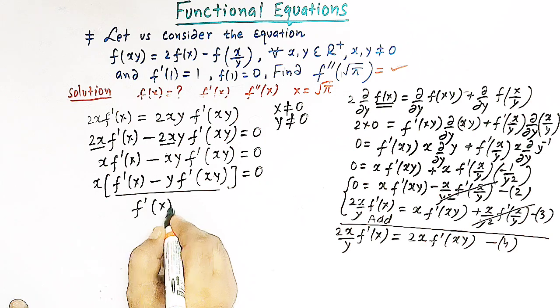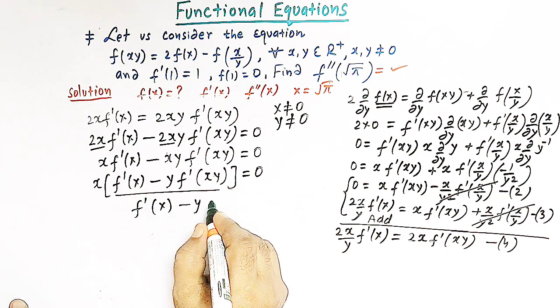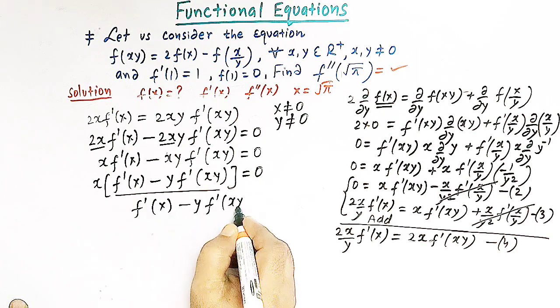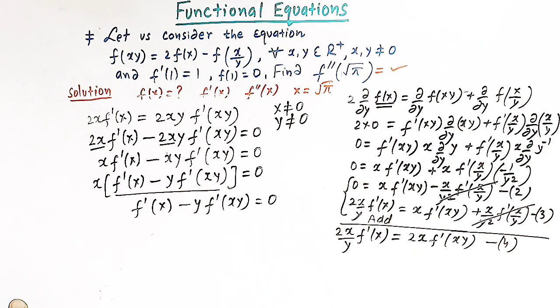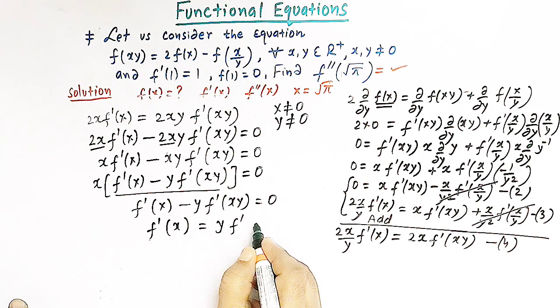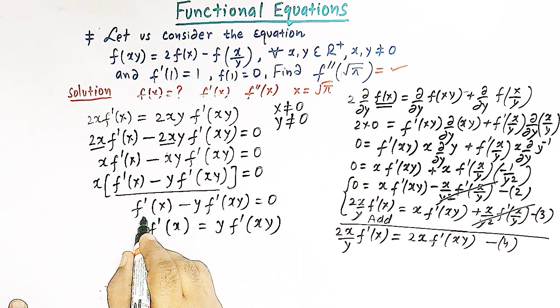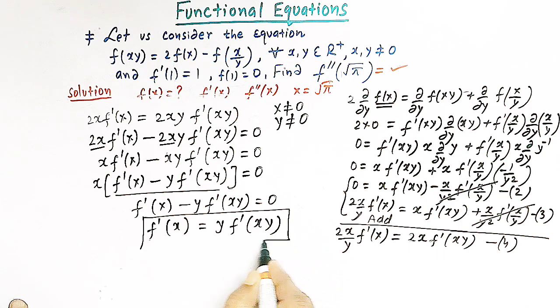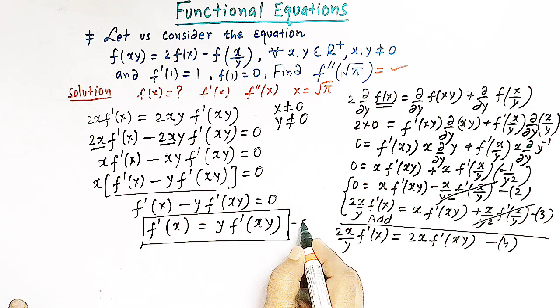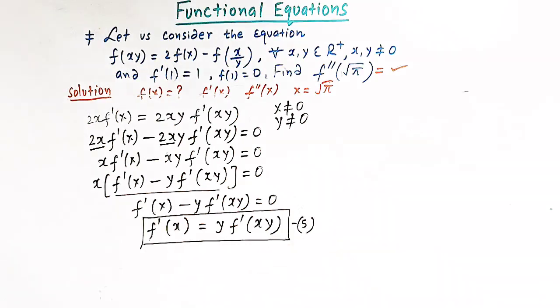So we have f prime of x minus y f prime of xy is equal to 0. So now we can write f prime of x is equal to y f prime of xy. So now we have this important equation, that is equation number 5.